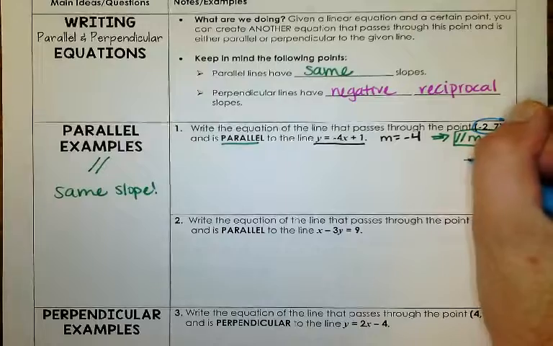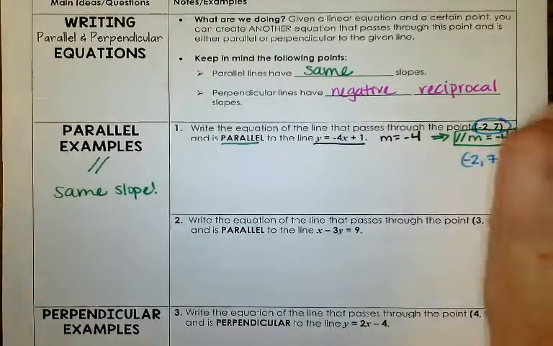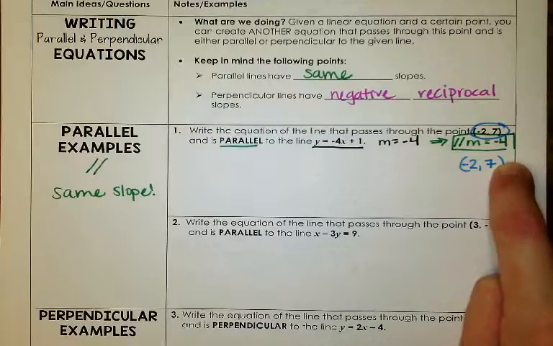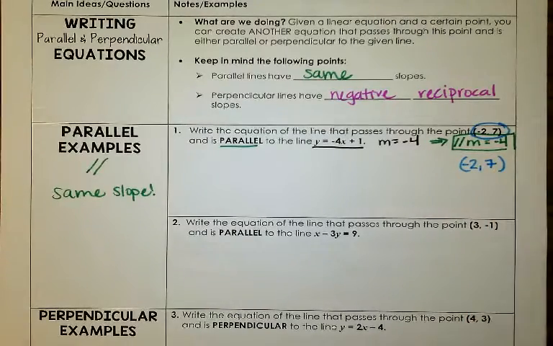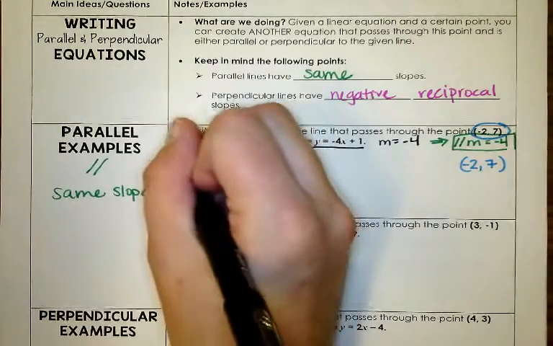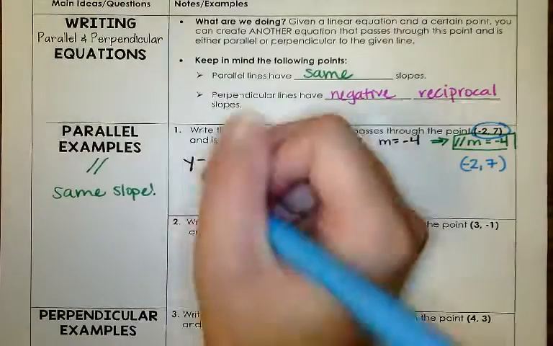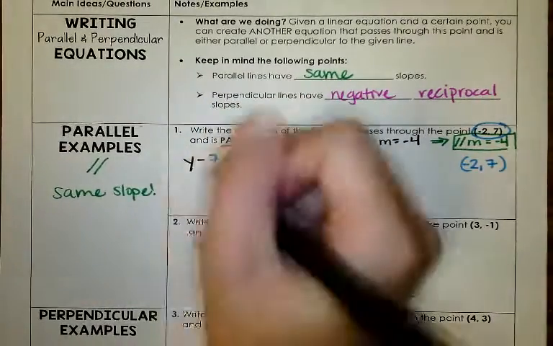So guys, if I have my slope and I have a point, can I write point slope? Absolutely. So I'm going to go ahead and write my point slope form here. My new line is going to be y minus 7 is equal to the slope, which was what, -4?